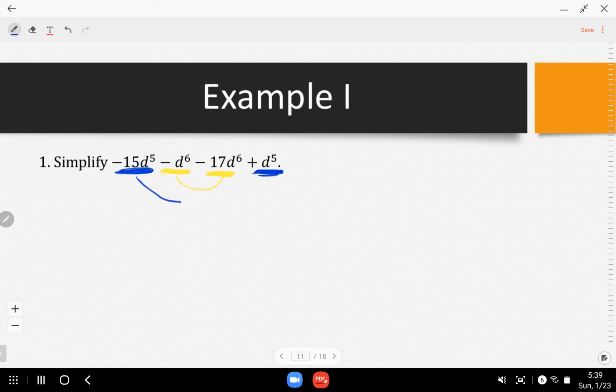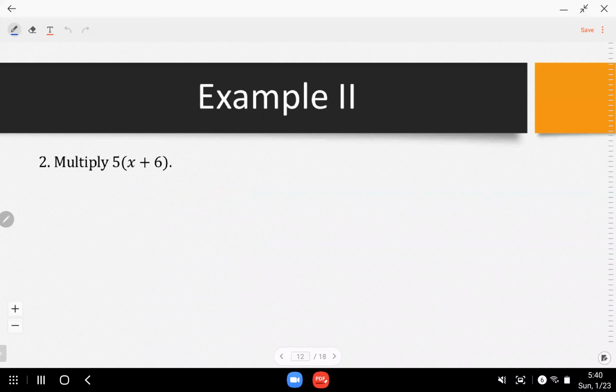Negative 15d to the fifth plus d to the fifth is negative 14d to the fifth. Negative d to the sixth minus 17d to the sixth is minus 18d to the sixth. It's pretty self-explanatory, pretty easy. No questions, right?